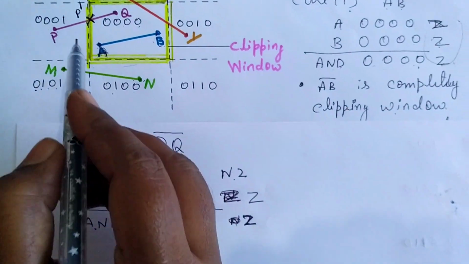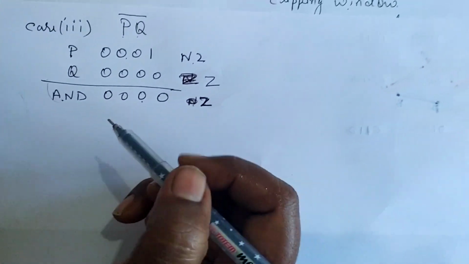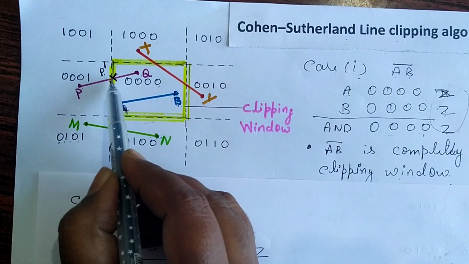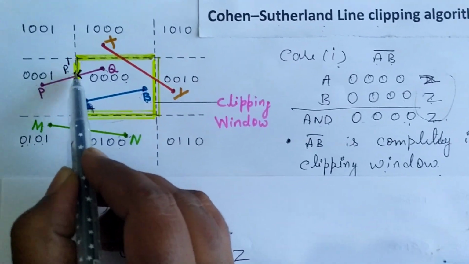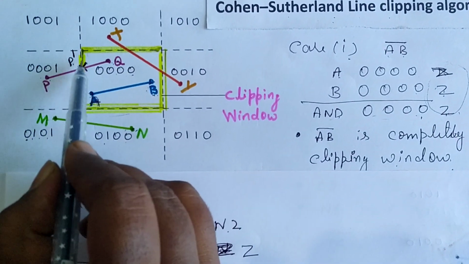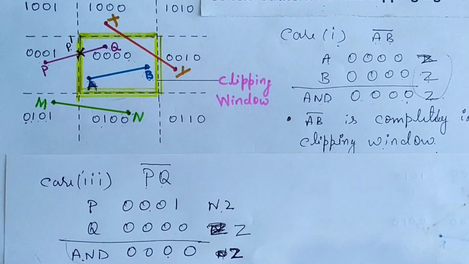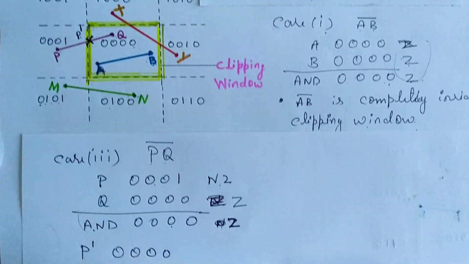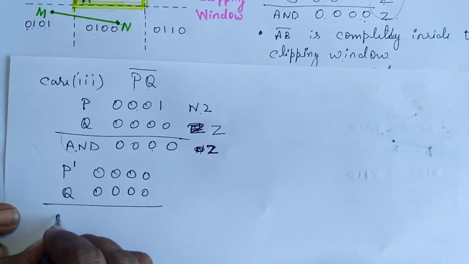So we will repeat this procedure of performing an AND operation for the endpoints one by one. We'll go for P dash and Q, the line segment P dash Q. Because P dash lies on the clipping window, the P dash region code will be 0000, and Q will be 0000, and perform an AND operation.